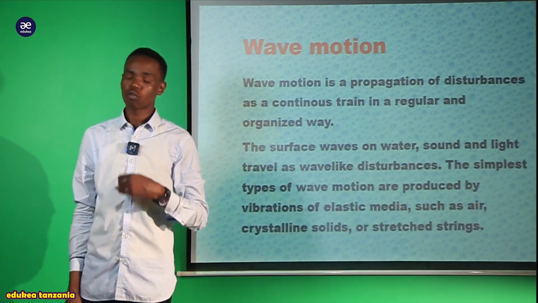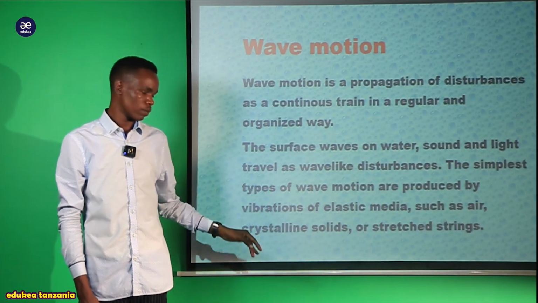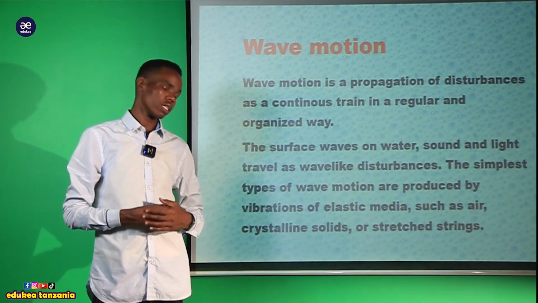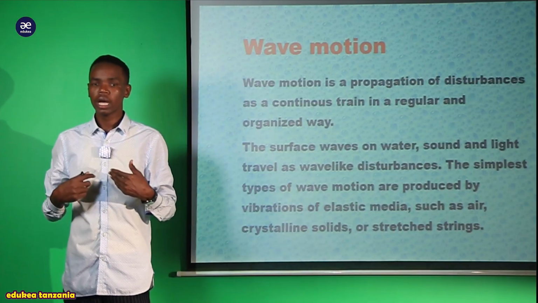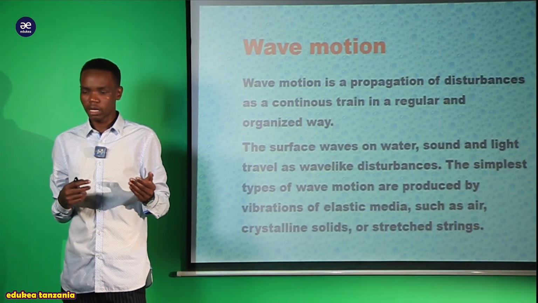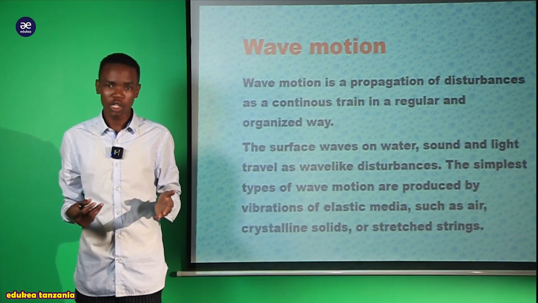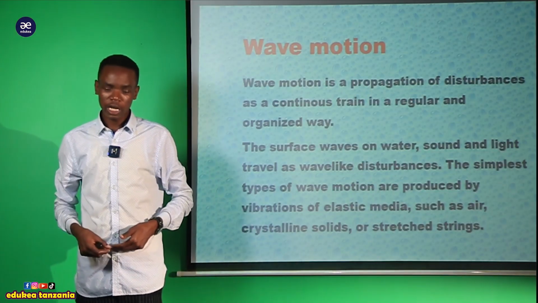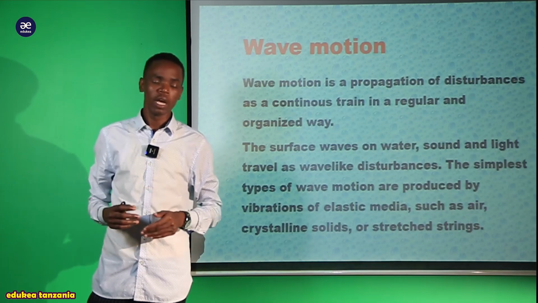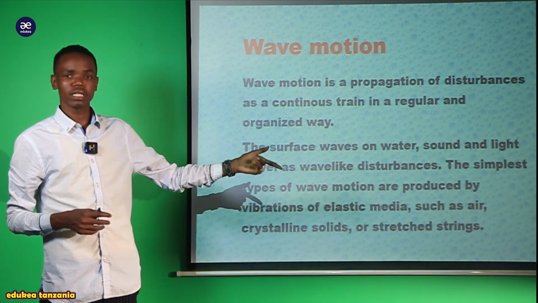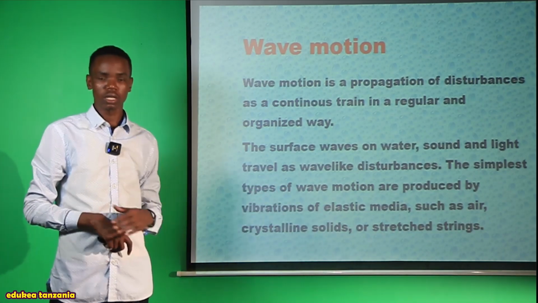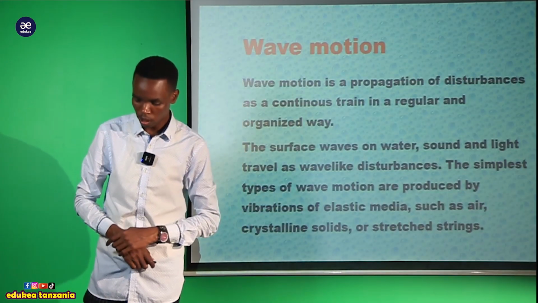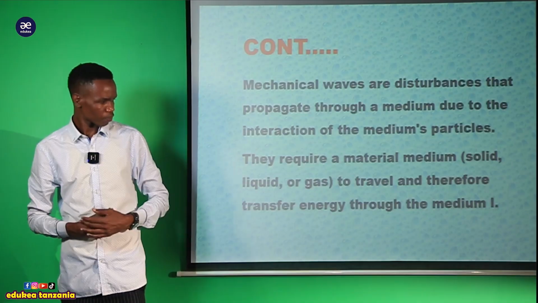The absence of air, crystalline solids, or strained strings would make it difficult to produce these types of wave motion. So in order for wave motion to happen, we must have air, crystalline solids, and finally strained strings, as we have been told, my lovely students.